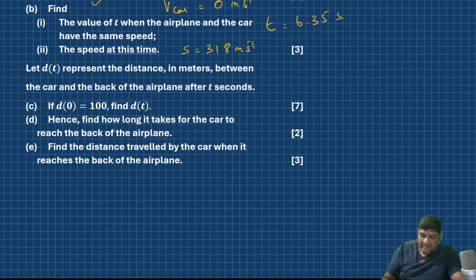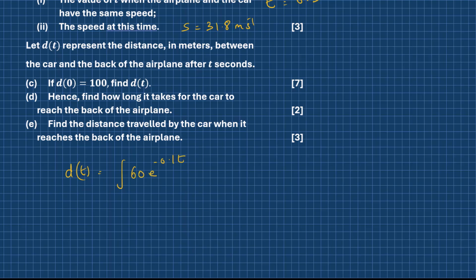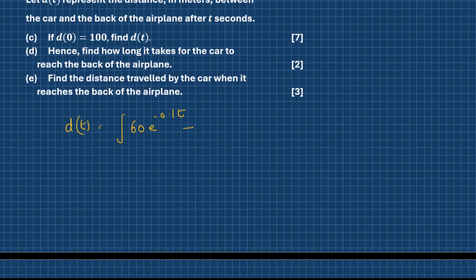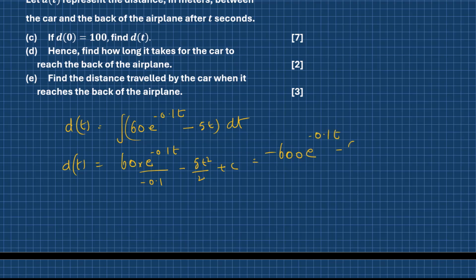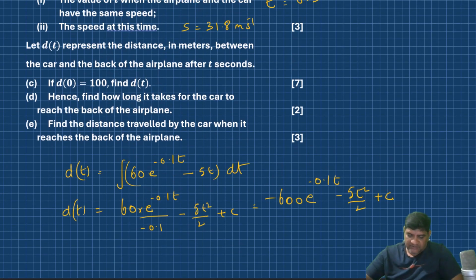So I can write the distance equation as an integral. We have also been given an initial condition, which is that the distance between them at time 0 is 100.